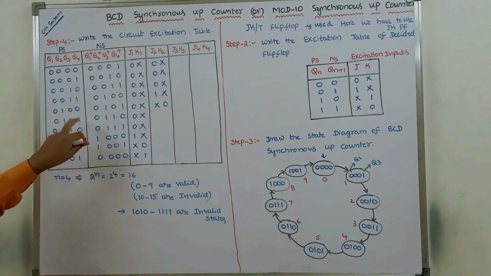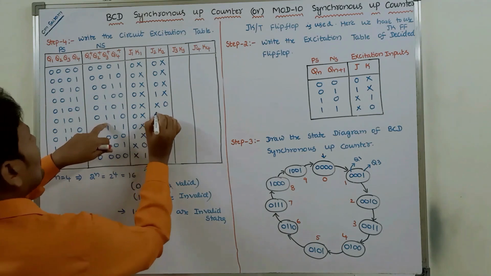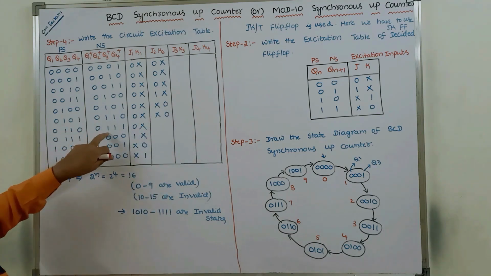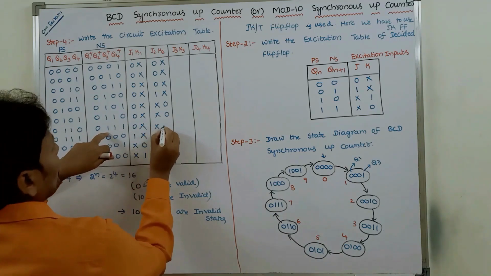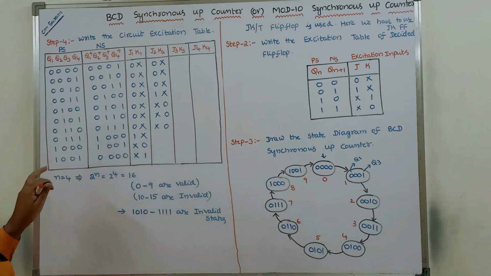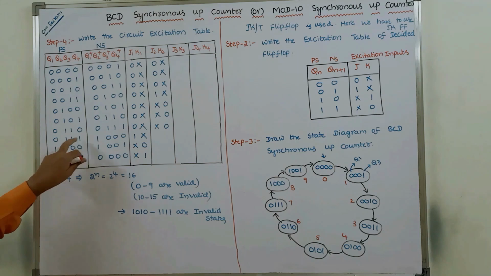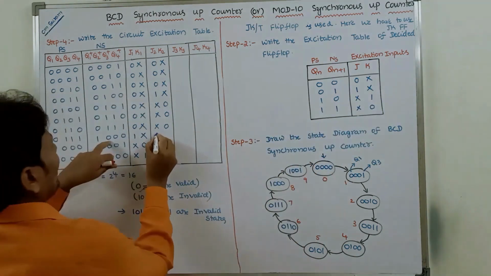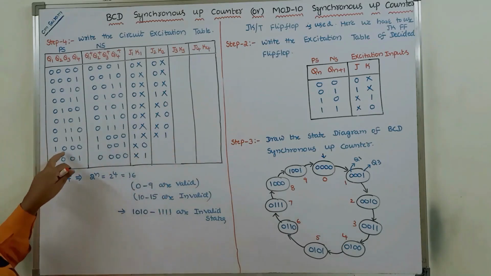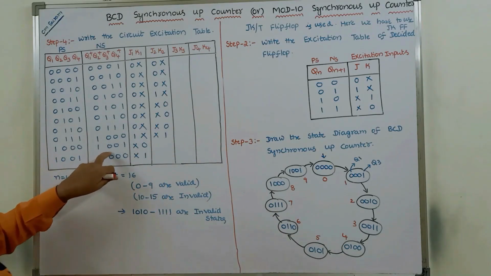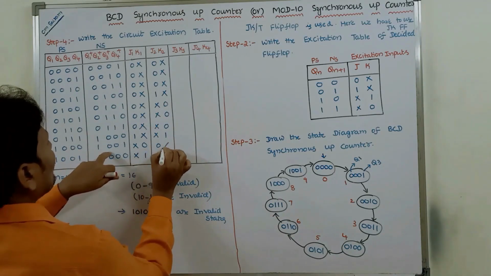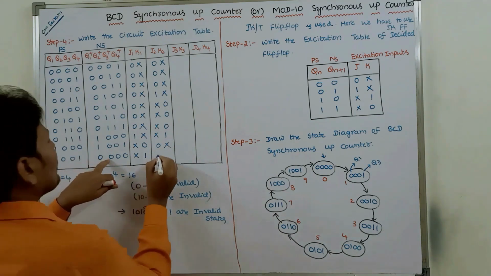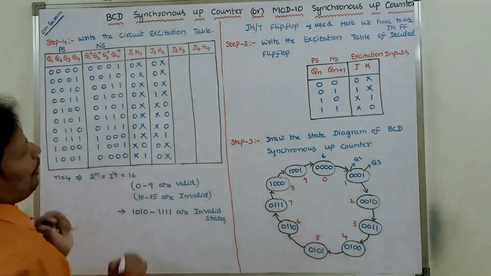Q2 value is 1, Q2 plus value is 1, so don't care, 0. Next, Q2 value is 1, Q2 plus value is 0, so don't care, 1. Q2 value 0, Q2 plus value 0, 0, don't care.